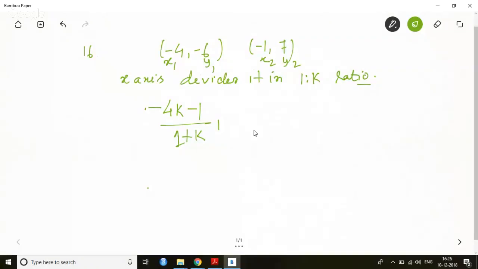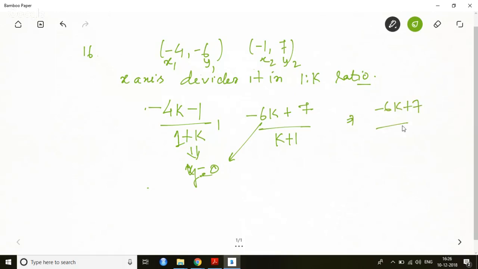So y1 into k, minus 6k, plus y2 into 1, so plus 7 divided by k plus 1. Now this has to be on the x-axis, so here y is equal to 0. So for this to be 0, minus 6k plus 7 divided by k plus 1 is equal to 0. So minus 6k plus 7 is equal to 0, or k comes out to be 7 divided by 6.